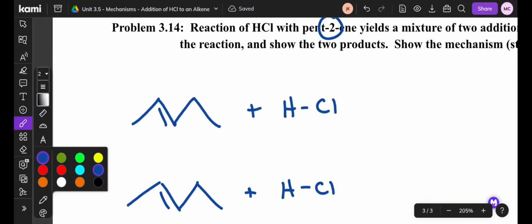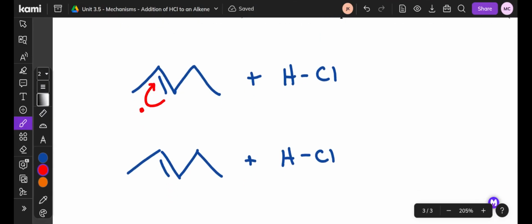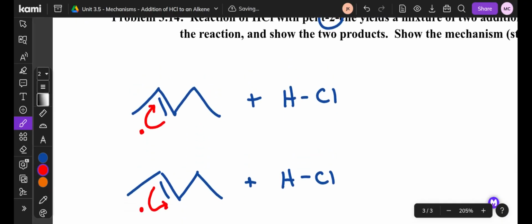Correct. Okay, so for this first one, I'm going to do the major product. And so we want to draw the electron arrow to represent the movement. And then on the bottom one, I'm doing the minor. Now, the nice thing about the HCl, it's the same on both.